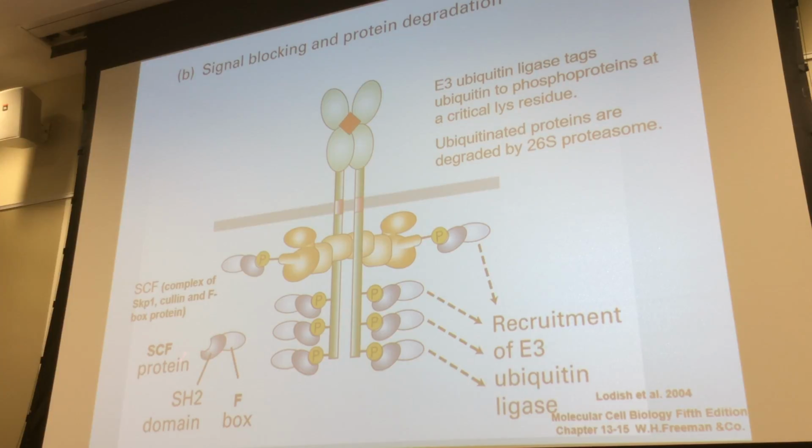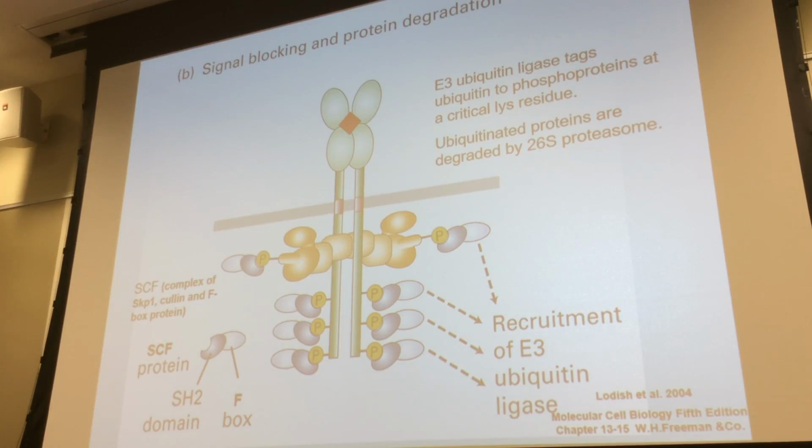Now, these little sites, first of all, they have an SH2 domain. So that's the domain by which they can bind to the phosphotyrosines. And then they have two other little domains that are important. One is called the complex of SKP1, Cullin, and F-box. And so again, these are named after the proteins that they were first discovered on.